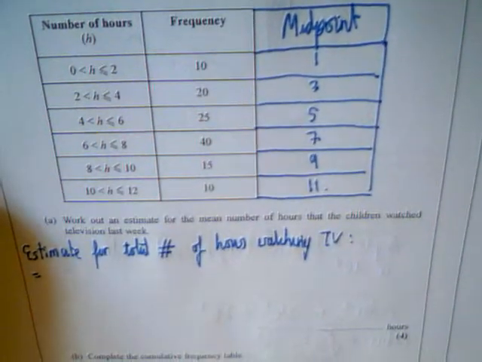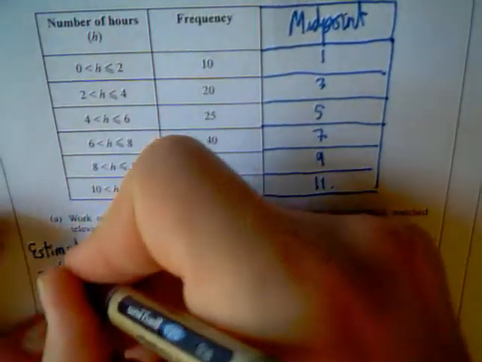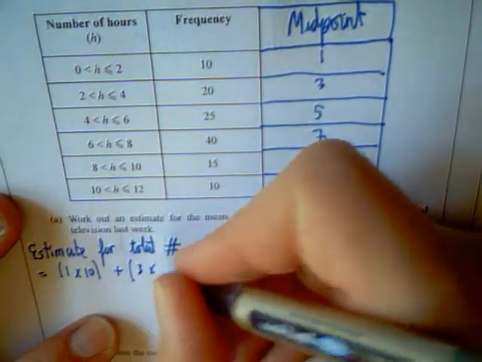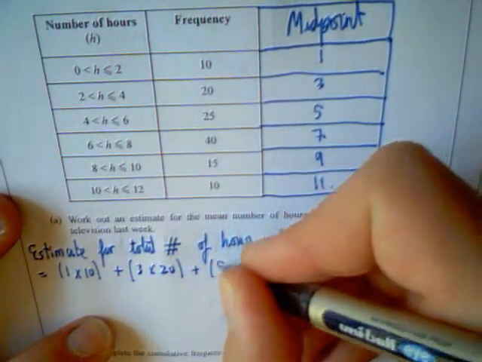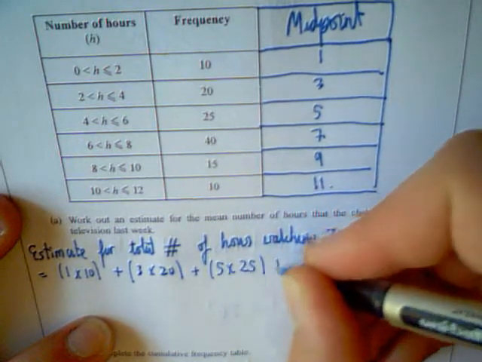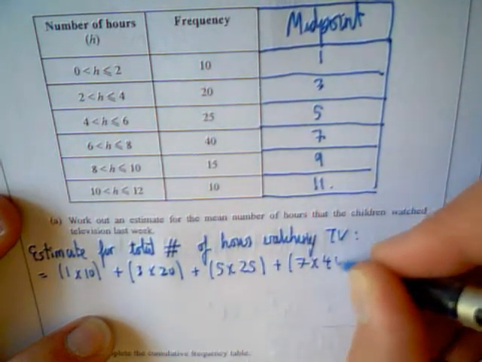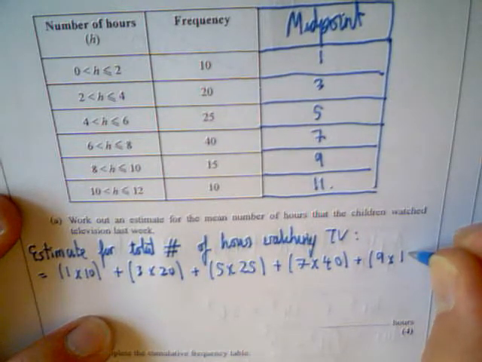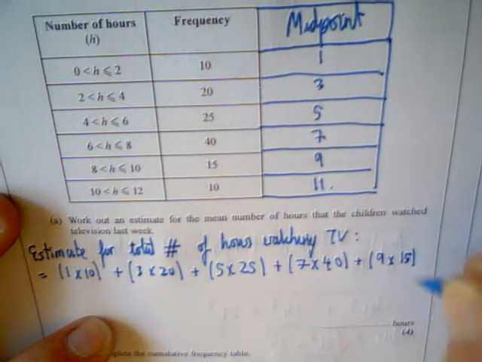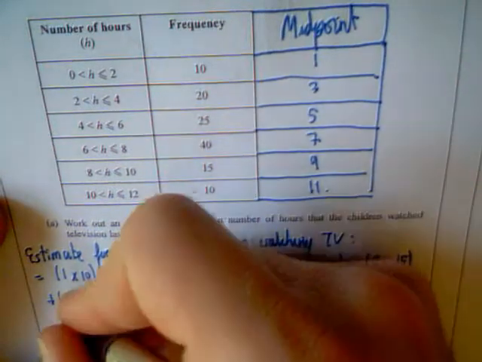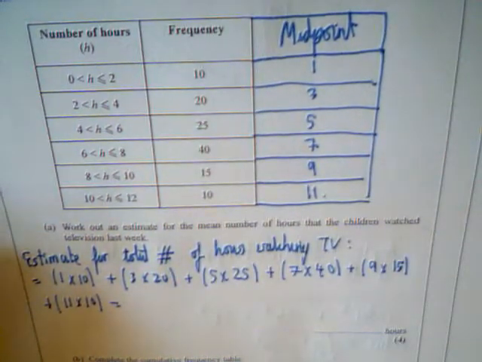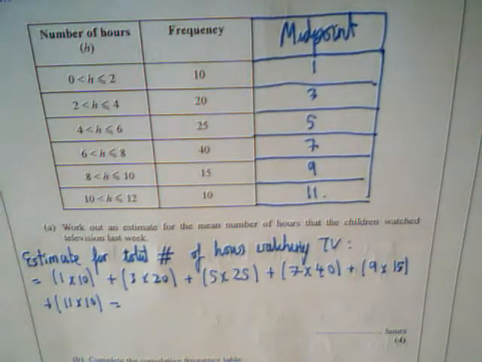This is going to be equal to, so we do 1 times 10 plus 3 times 20 plus 5 times 25 plus 7 times 40 plus 9 times 15 plus 11 times 10, which is then going to be equal to, let's plug this into our calculator.